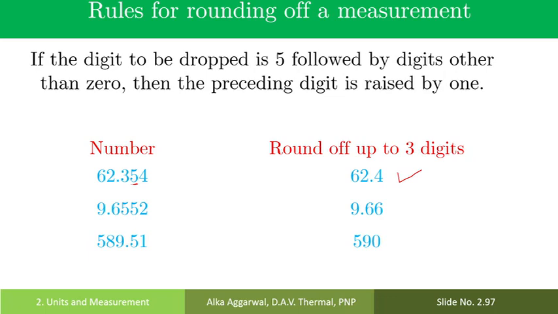If the number to be dropped is 5, then the preceding digit is raised by 1 and the reading is 9.66. If the number to be dropped is 5 followed by a non-zero digit, then the preceding digit is raised by 1 and the result is 590.